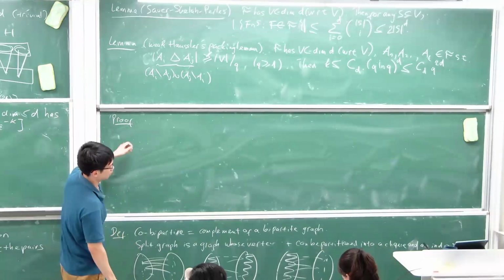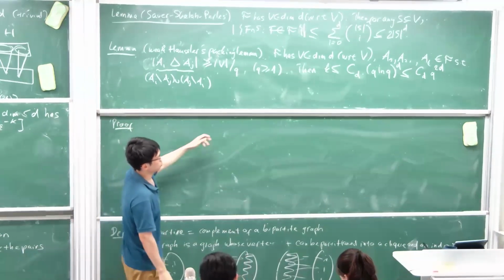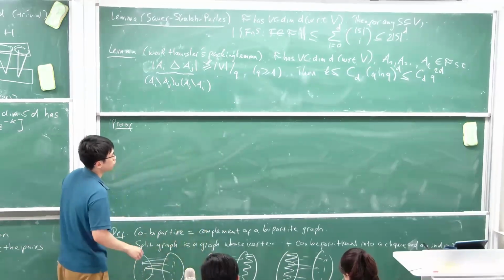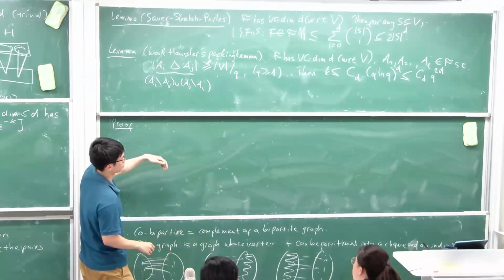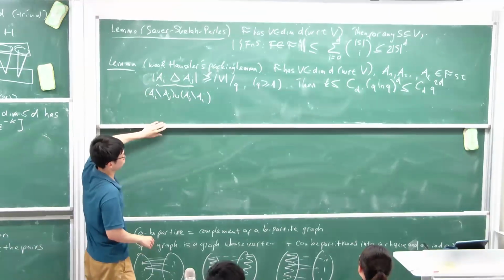Yes, the proof is by random sampling. You want to sample several vertices and several members from B, and try to see how much they interfere with these symmetric differences.